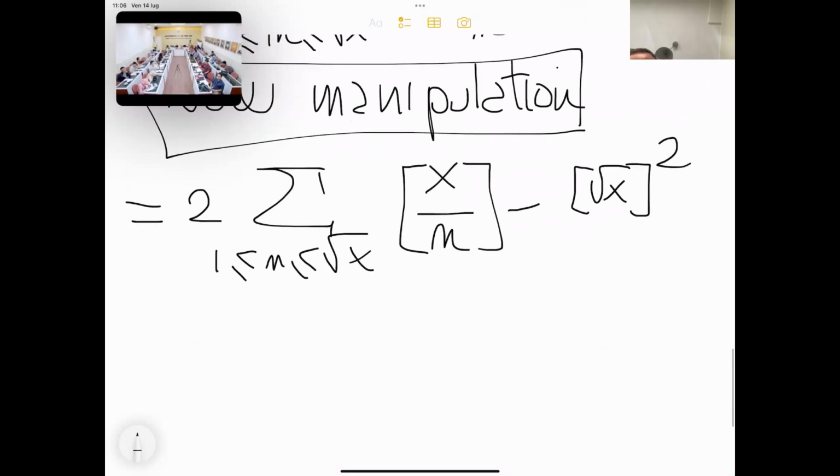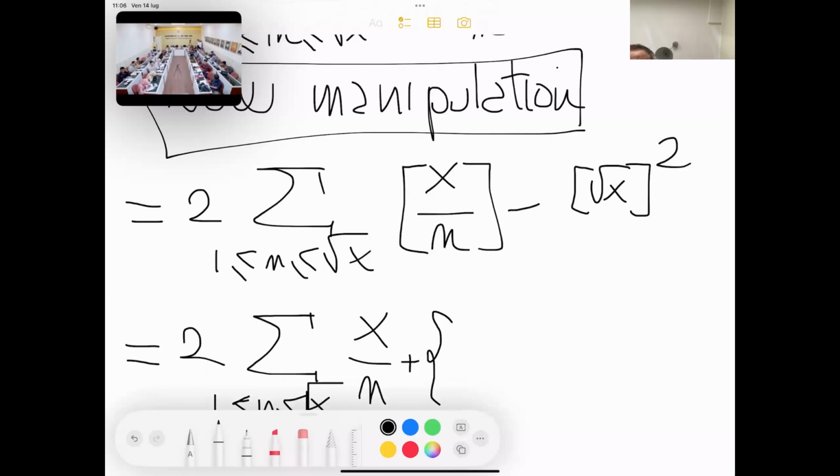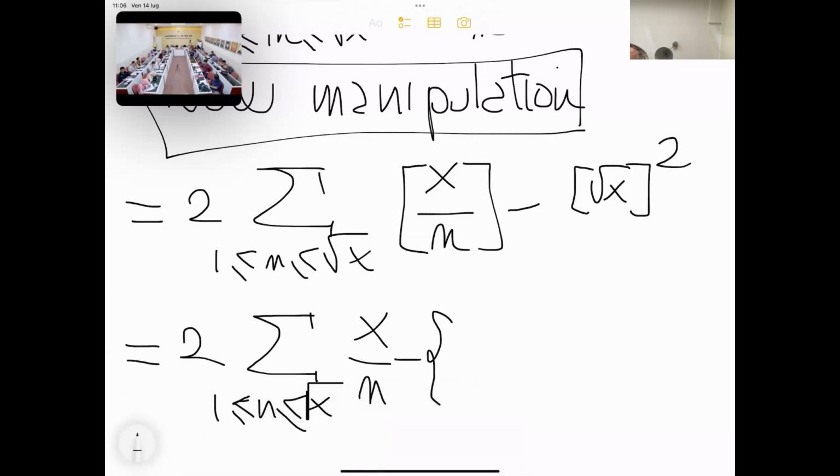So from here, I can write that this equals twice the sum for n less or equal than x, the square root of x, bigger or equal than 1. And what this is equal, this is x over n plus, or actually minus, the fractional part of x over n.